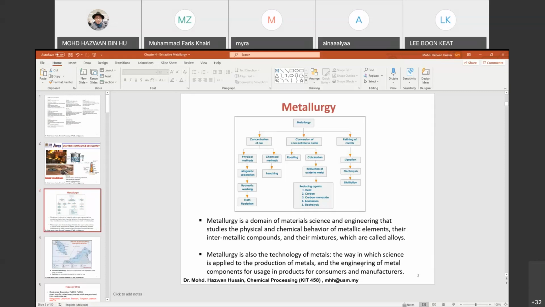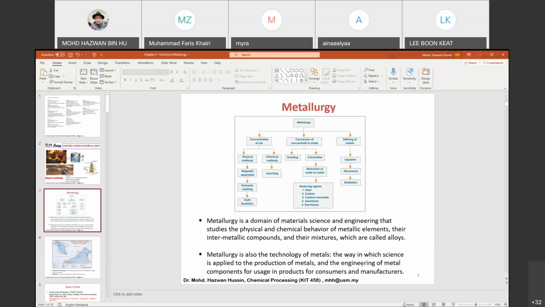Alloys is actually a compound or a mixture of at least 2 metal elements together, to produce a new metal. Metallurgy is also the technology of metals, the way in which science is applied to the production of metals and the engineering of metal components for usage in products for consumers and manufacturers.